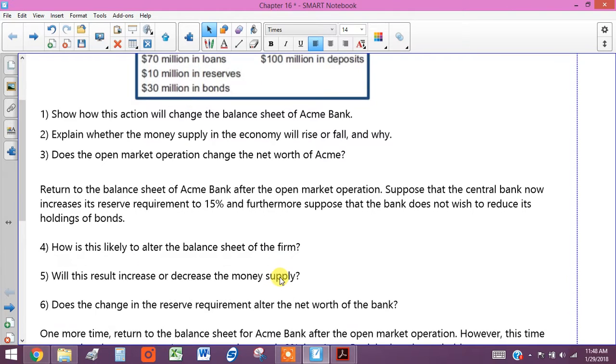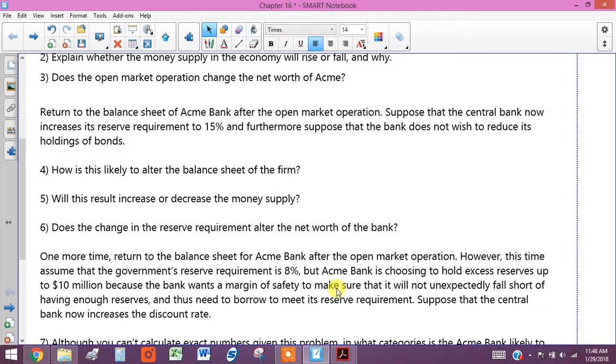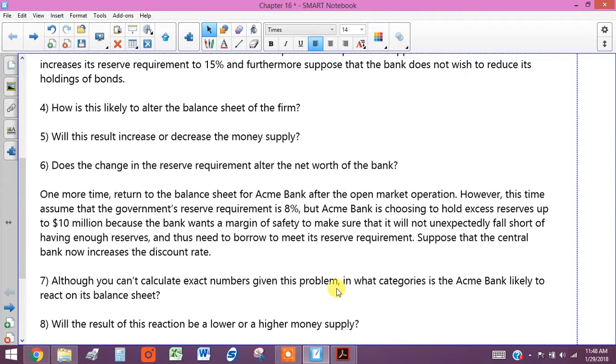Let's see, where are we? Does this change? Nope. Okay, one more time. We're going to return back to the balance sheet after the open market operation, and we're going to assume that the government's reserve requirement drops down to 8%, but Acme Bank is choosing to hold excess reserves up to 10 million because the bank wants a margin of safety to make sure it will not unexpectedly fall short of having enough reserves, and thus need to borrow to meet its requirements.